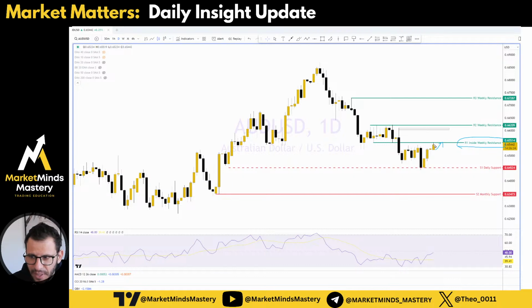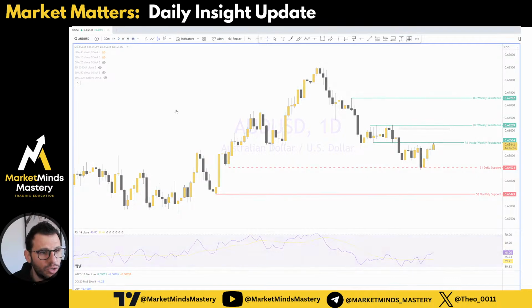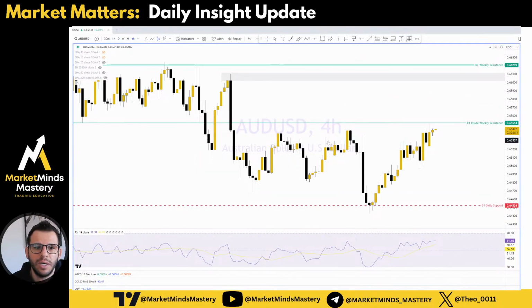Inside weekly resistance, will the price break above it or not? We can't know that for sure, but the only information we can extract is if we drill down to the lower time frames and check what is happening in terms of price action.